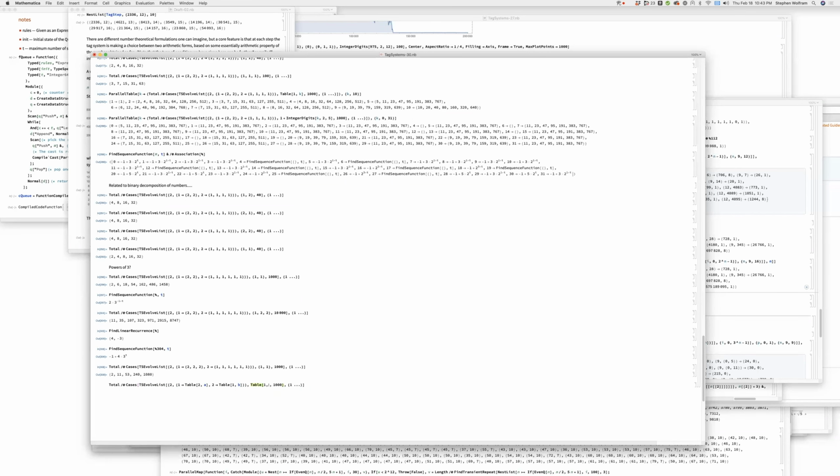Assuming that's enough, and we don't need that. Okay, so now let's do a parallel table. You might build a find sequence function right on top of it.